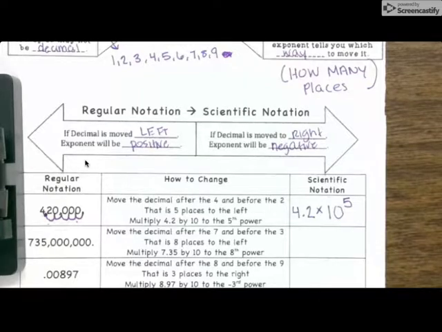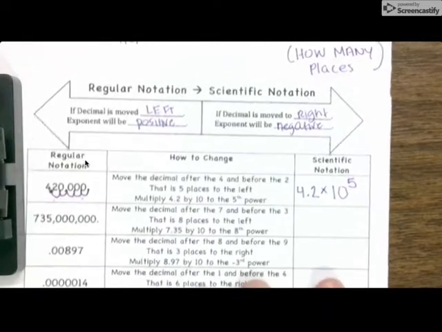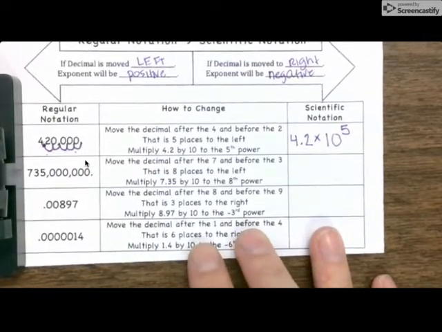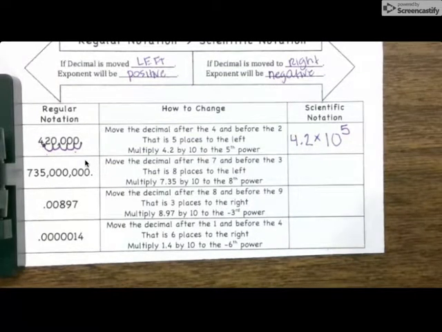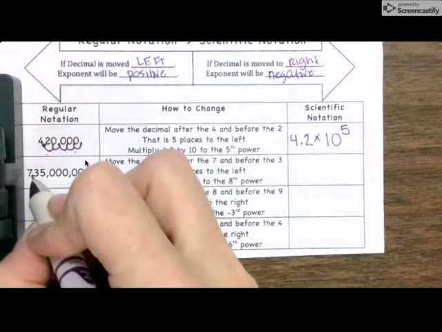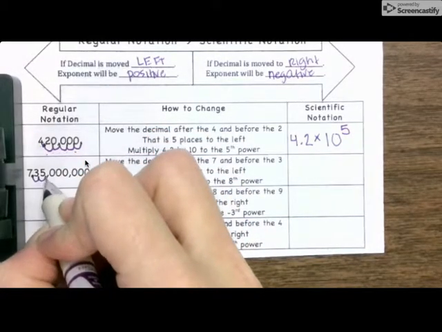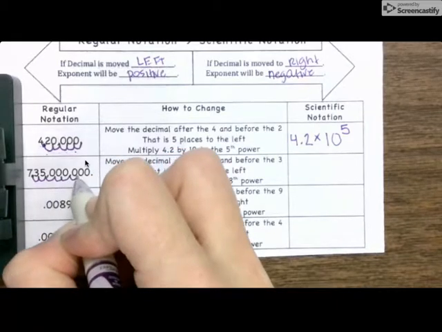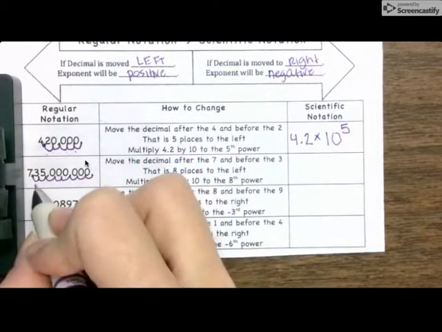Okay, we're going to do the same thing for the next one. Where would the decimal be put between? Which two numbers? The 7 and the 3. So I would put it here, and this is going to be 1, 2, 3, 4, 5, 6, 7, 8.